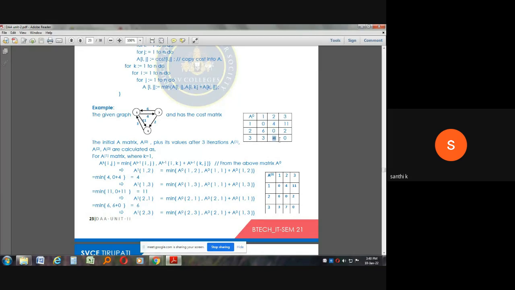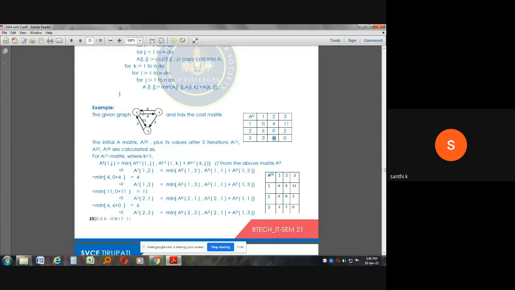If there is no edge between any two vertices, you have to enter infinity at that place. And the cost between the vertex to itself is 0.